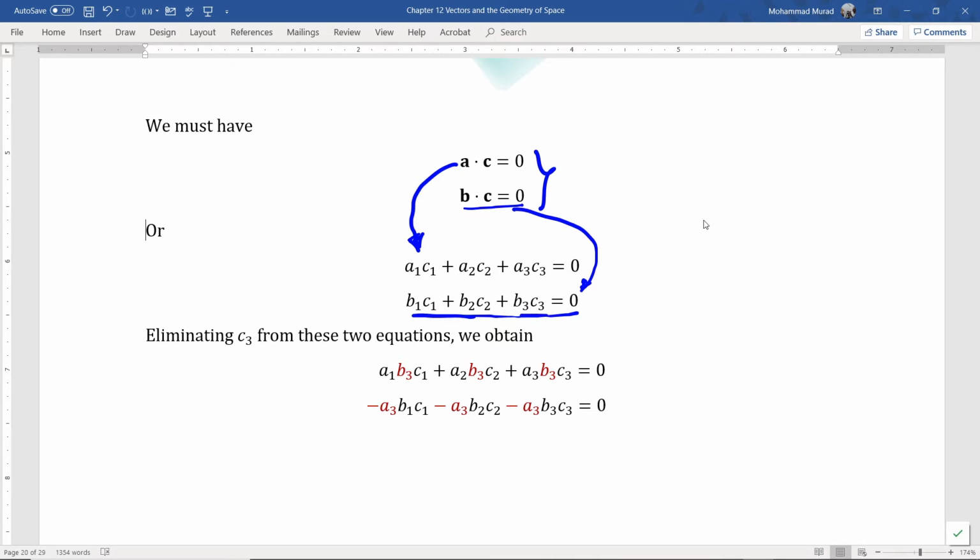So we have two equations in three unknowns, namely C1, C2, and C3. We have fewer equations than the number of unknowns. In linear algebra, this is known as an underdetermined system. Let's try to solve this system by eliminating the C3 from these two equations.